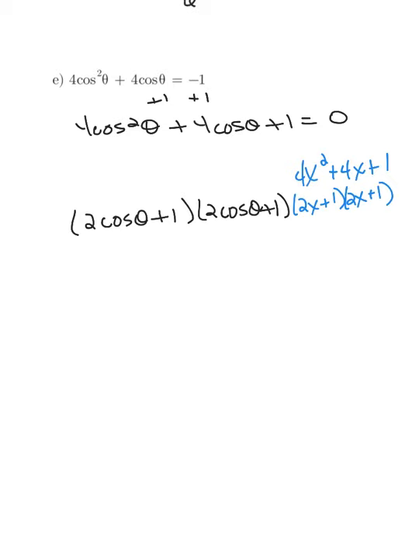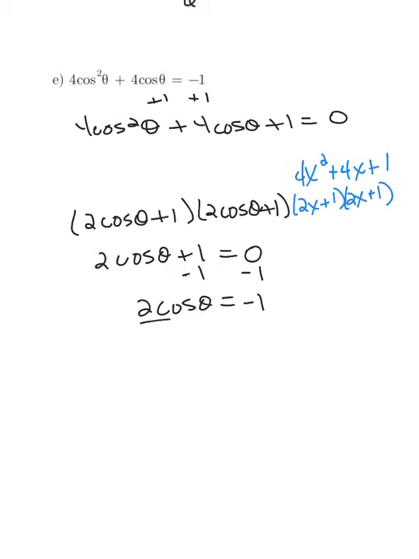There's no need for us to write it down 2 times and solve it. So we're just going to use one of them. 2 cosine theta plus 1 equals 0. First thing we're going to do is subtract the 1, and we get 2 cosine theta equals -1.